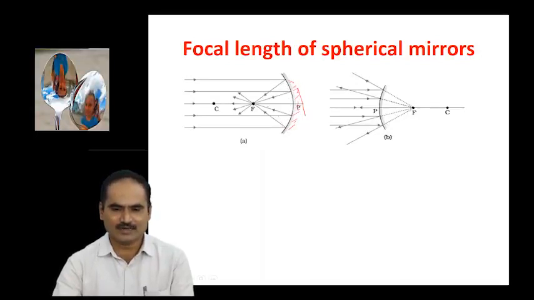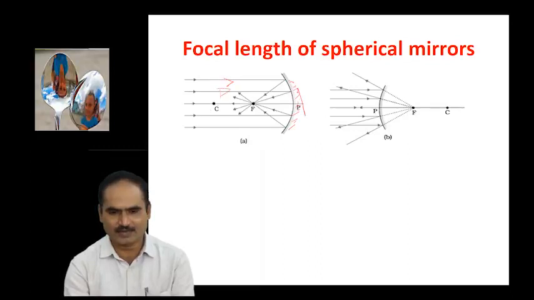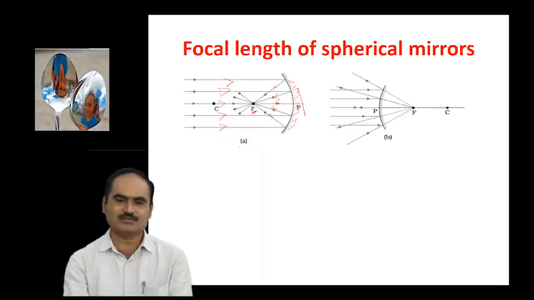So when light rays travel like this, parallel to the principal axis, incident on the reflecting surface, all will converge at a single point. This point of convergence is called the principal focus.